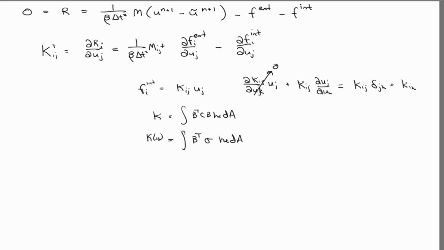It turns out you don't actually construct a stiffness matrix in that scenario, in the sense that you just compute the partial of F internal with respect to Uj. Because this is actually F internal.